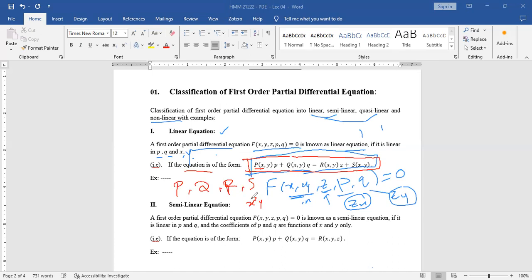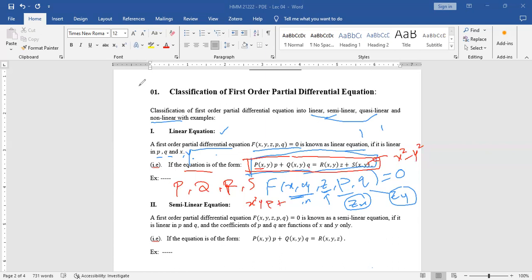P is multiplied by z_x, plus Q multiplied by z_y, plus R multiplied by z, plus S, which is any rest of the function that doesn't have p, q, or z terms, something like x squared plus y squared, which has only x and y terms, not z or p, q. This kind of equation we call a linear equation.